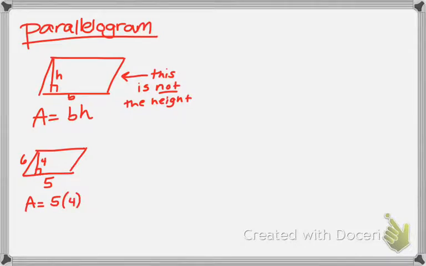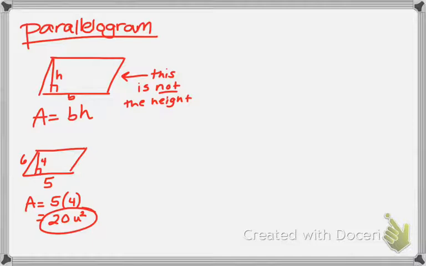The 6 is just there to mess you up. Don't get messed up by it. So 5 times 4 is 20, and then again we always put our units squared. Okay, so that would be how you find the area of a parallelogram.